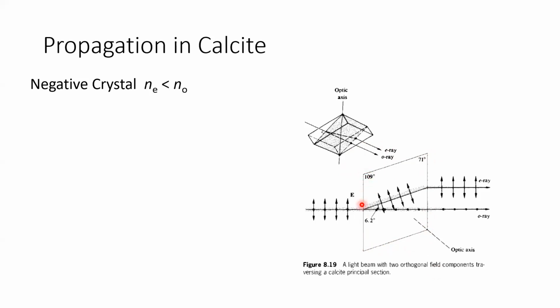This is one face. You can imagine the face of the crystal coming out of the screen, and imagine a three-dimensional thing in this shape. The optic axis is given this way. What you have is what's called the principal section, a kind of plane inside the calcite crystal. The plane is a parallelogram with two obtuse angles, and if you join the two, that is the direction of the optic axis in the crystal.